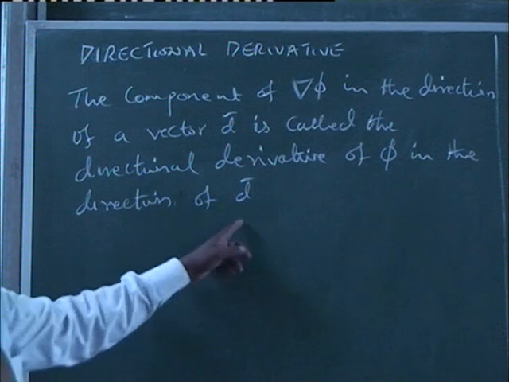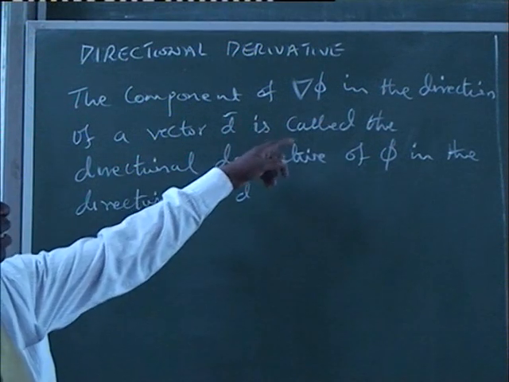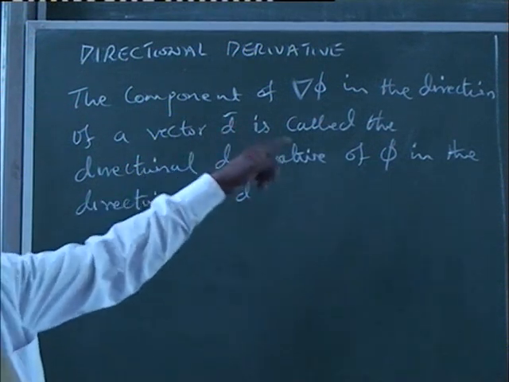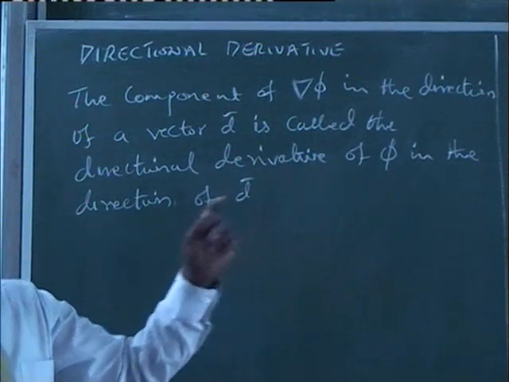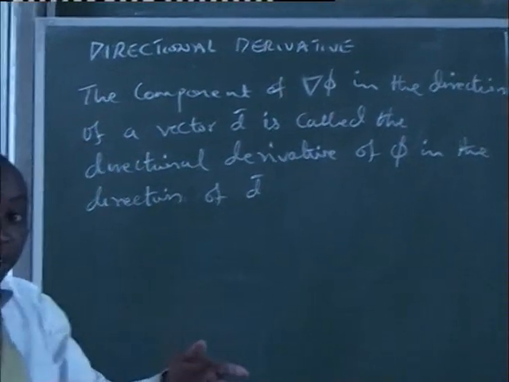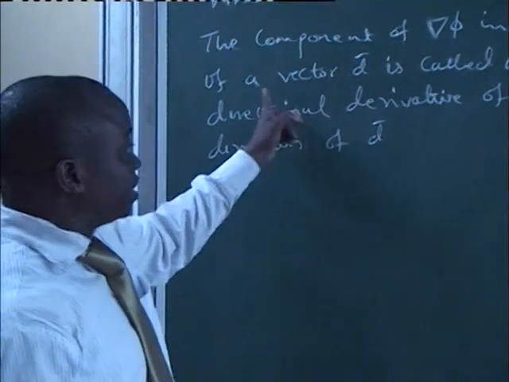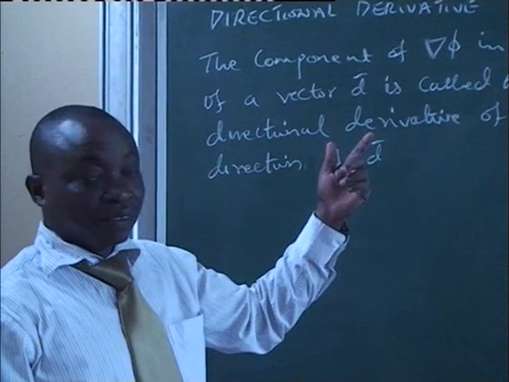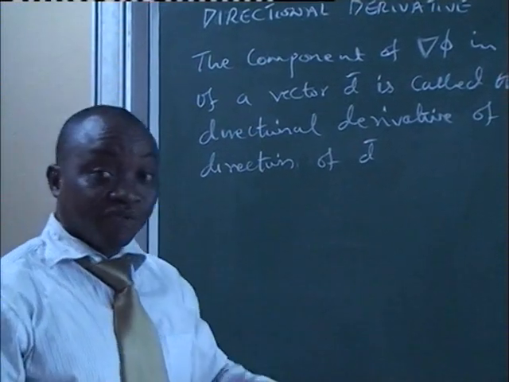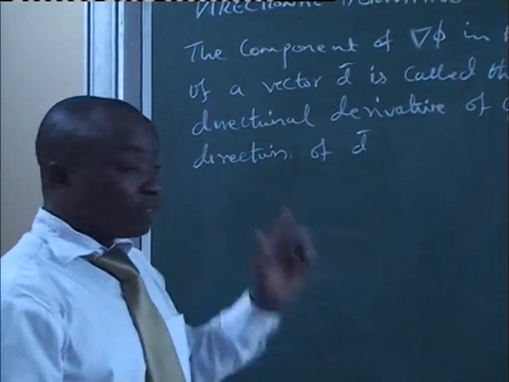V is the vector. We have just finished the phi, so the components of the phi in the direction of vector d, we will express as a vector. So the component of the phi in the direction of vector d is called the directional derivative of phi in the direction of d.